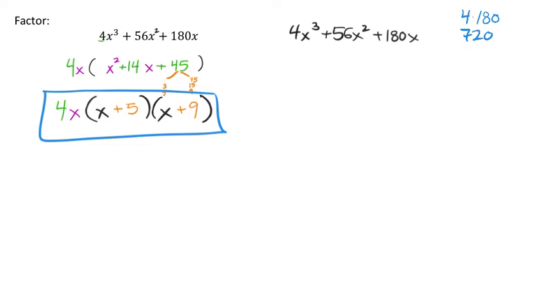Now what we need is a factor pair of 720 that adds up to 56. Instead of doing this factor pair by factor pair, let's skip a little bit. The first one that I was thinking of was 72 and 10, and that's pretty nice. But if I add those together, it's 82, right?